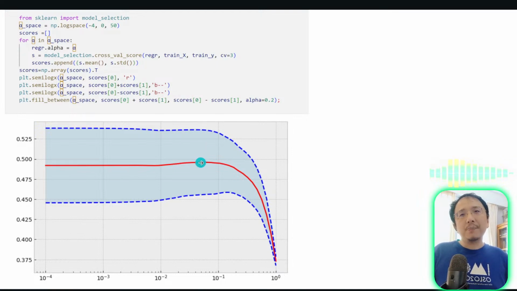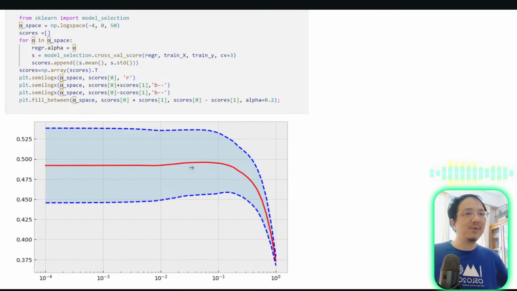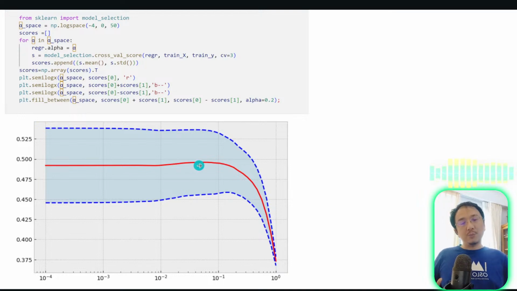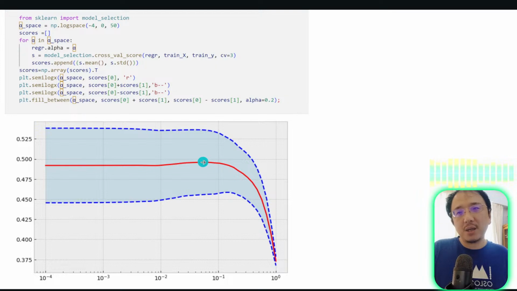You can choose the largest mean, or, to be safe and assume the worst case, you can take the mean minus 1 standard deviation and choose the largest one.